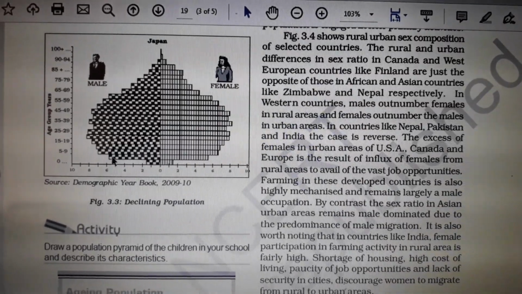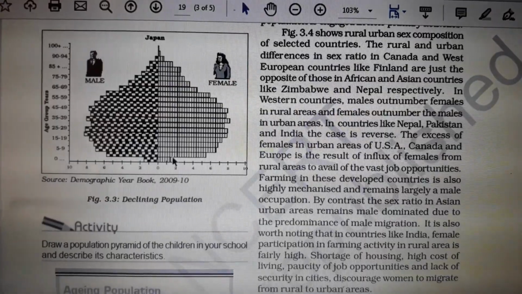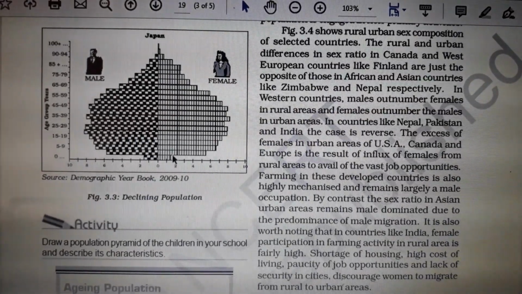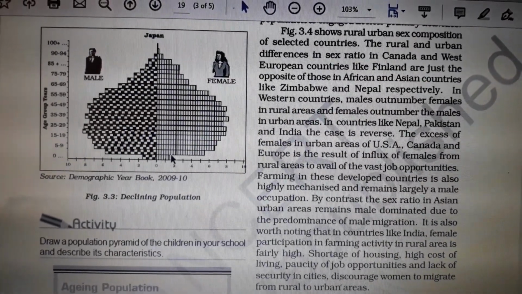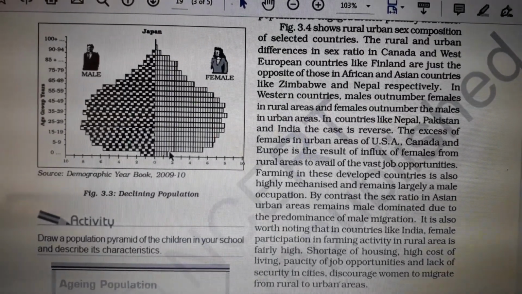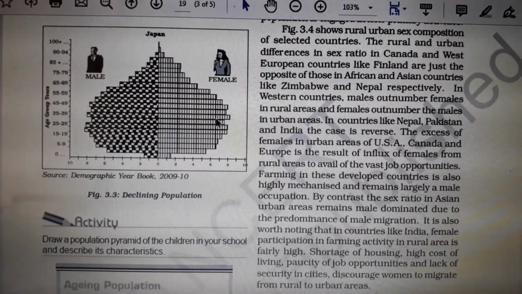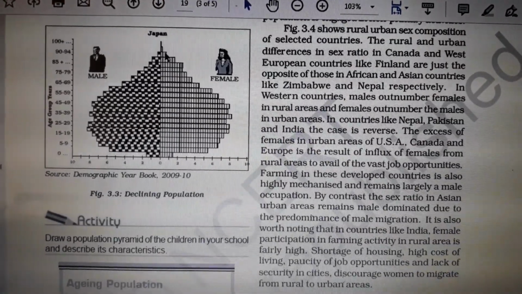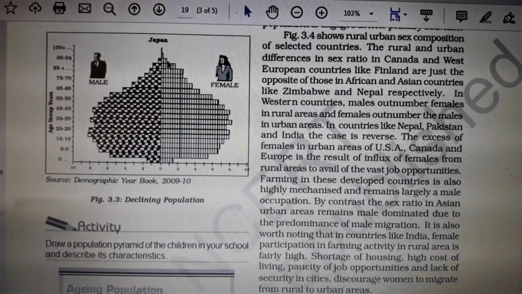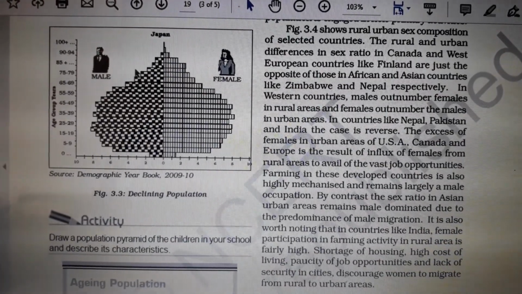That means young populations are very few, because they are highly educated and following family planning. So the 0 to 14 age group is very small. But the working population, 15 to 59 years, is larger, and people above 60 are very few here, though compared to India they are more in number.